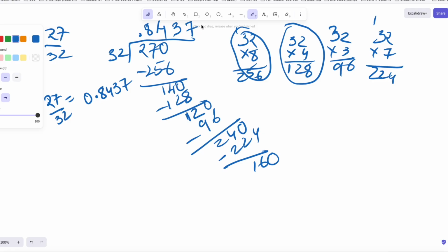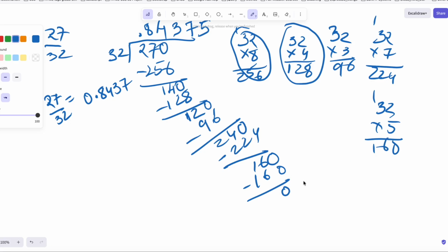Actually 5. You know what? 32 times 5 actually does give you exactly 160. So I'm glad I spotted that, because this brings you to a full stop, a conclusion to the division. So basically 27 divided by 32 is, let me actually double check the math here. 32 times 5 gives you 0, 1, 5, 15, 60, 160.